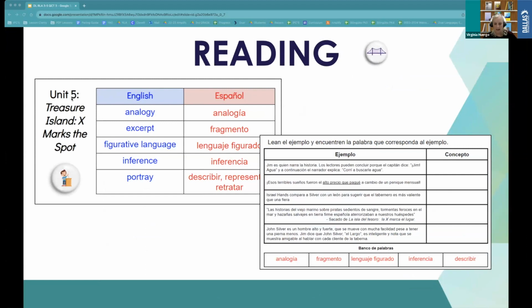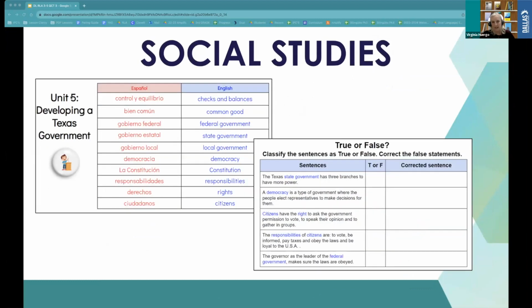So you will be having the first two slides, and the first one is going to be, as usual, the words in English and in Spanish, and the next slide is going to be an activity created for the kids to practice the words, right? In reading, we had examples, and they needed to figure out if this was an anthology, a fragment.